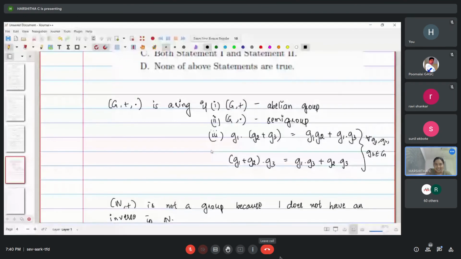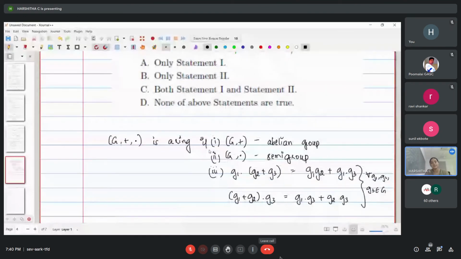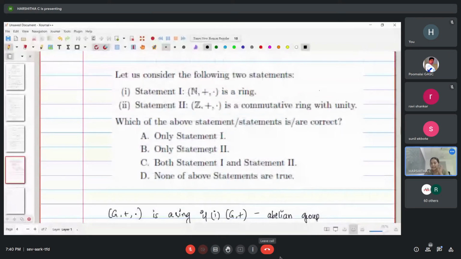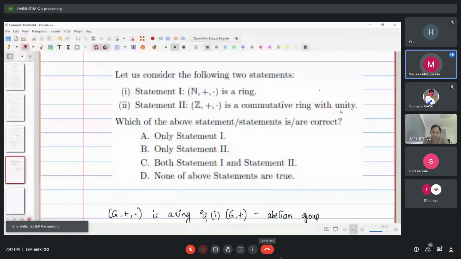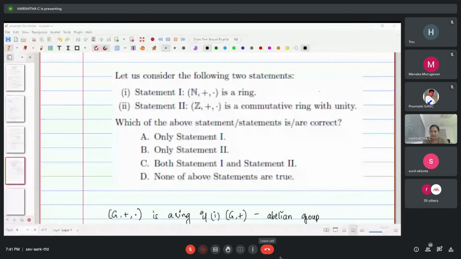And the second statement, is it true? Yes. Once again, just before you answer, with unity means it has a multiplicative identity. Can you just quickly explain why you said yes?